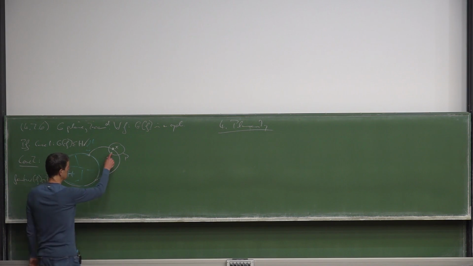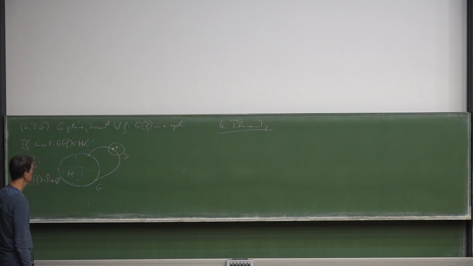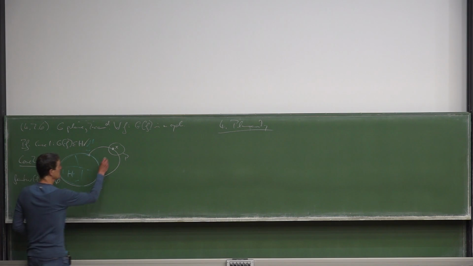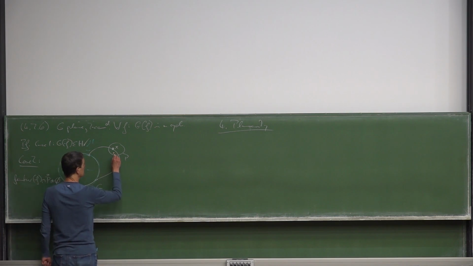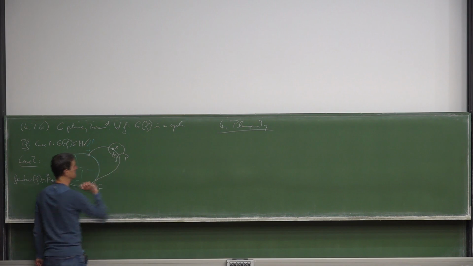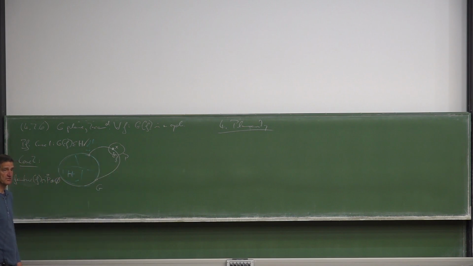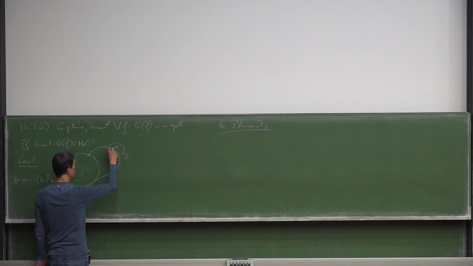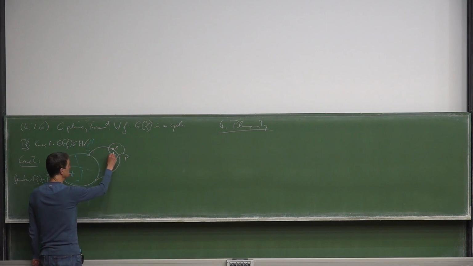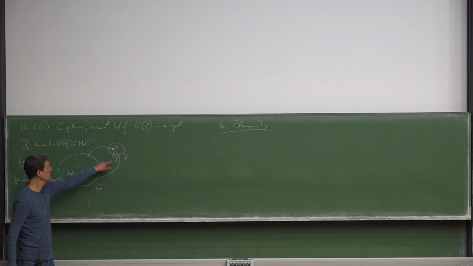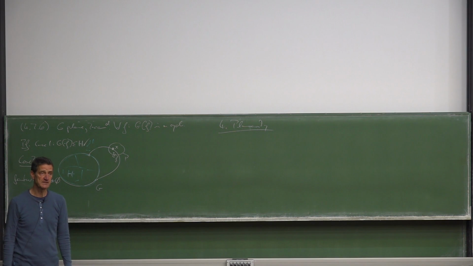Then every open neighborhood of little x, because x is on the frontier of f, has a point in f, by definition of frontier. Okay, but since this disk lies entirely in f prime, this point lies in f prime as well. So f and f prime have a non-empty intersection.